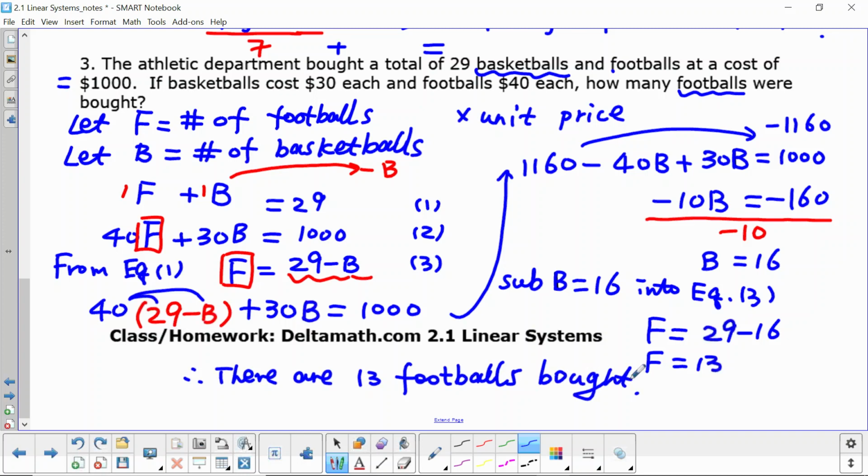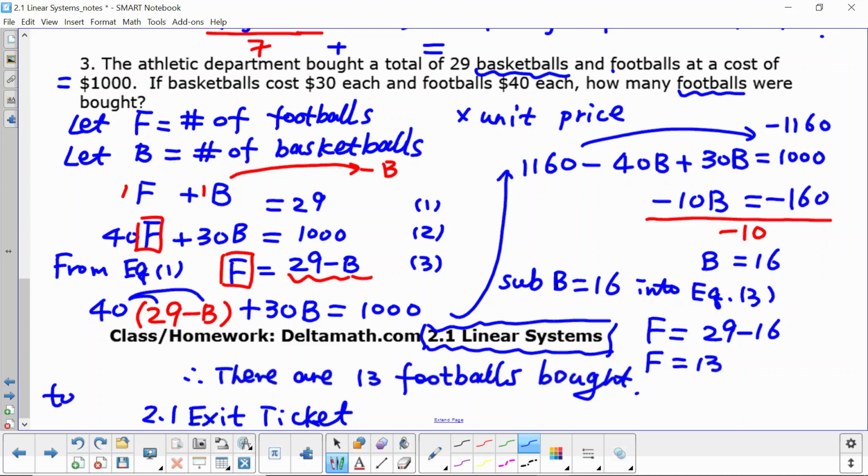And this is all for today's lesson. You are going to work on the DirectMath.com 2.1 linear systems. And after this homework, please do the 2.1 exit ticket. And tomorrow morning, you will have the quiz.